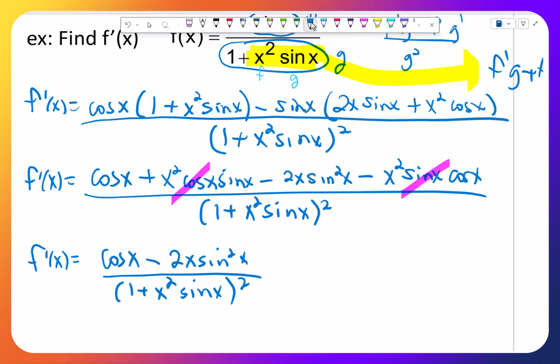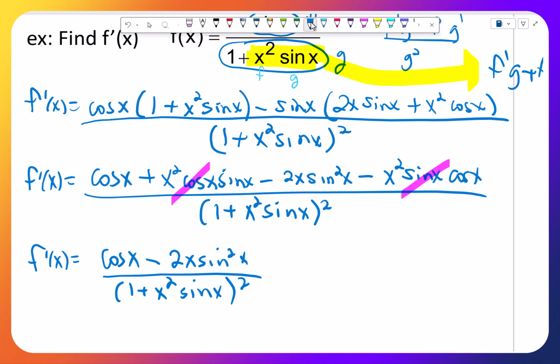Okay. What do you think the possibility of getting the numerator to be 1 plus x squared sine x? That's not going to happen, right? So there's no sense in trying to do anything else.